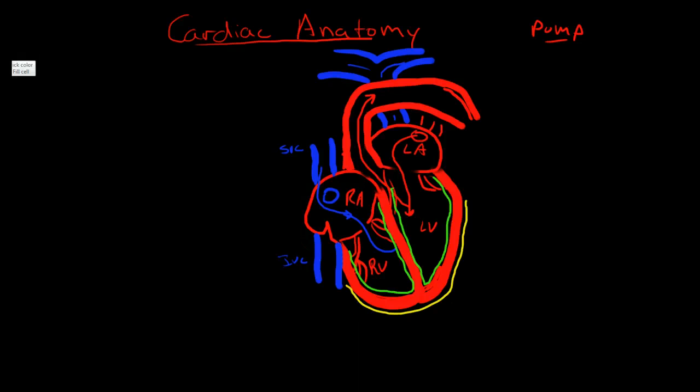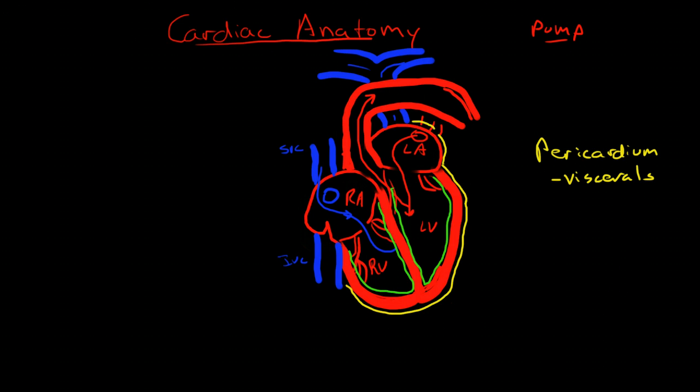So again, the pericardium is made up of two layers. The layer that is innermost to the heart is called the visceral pericardium, and this is adhered to the myocardium.